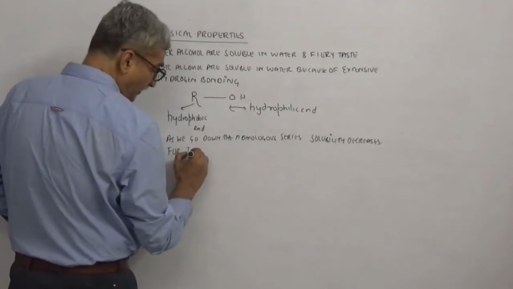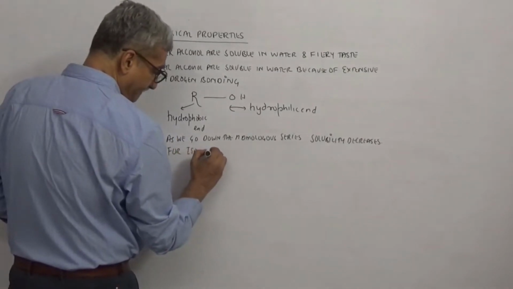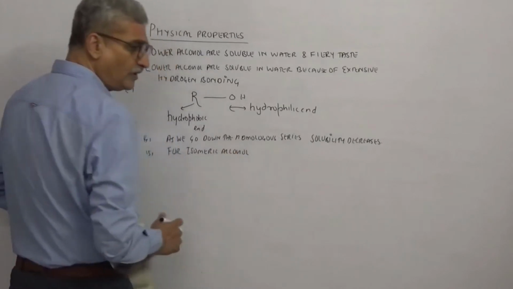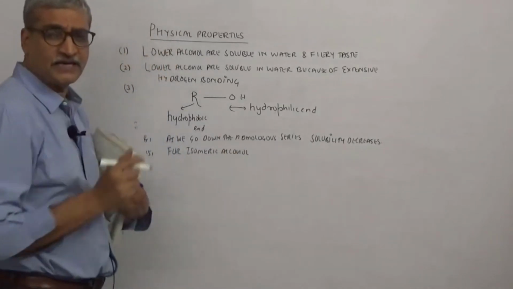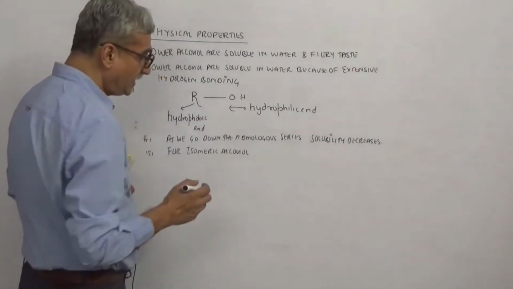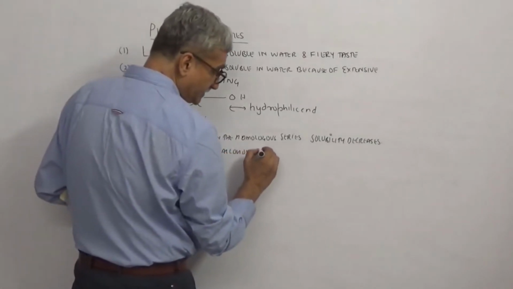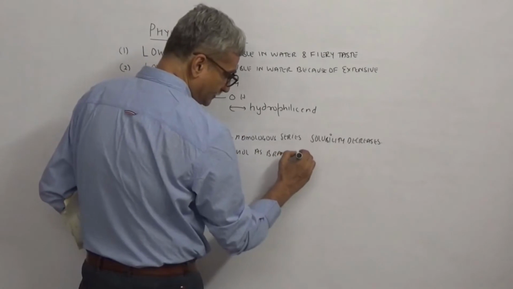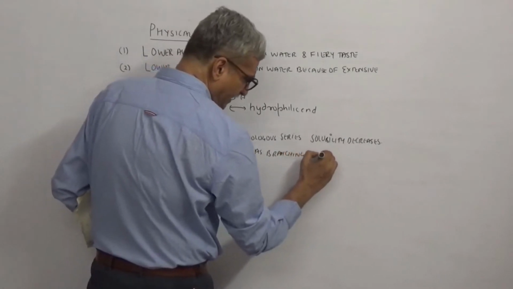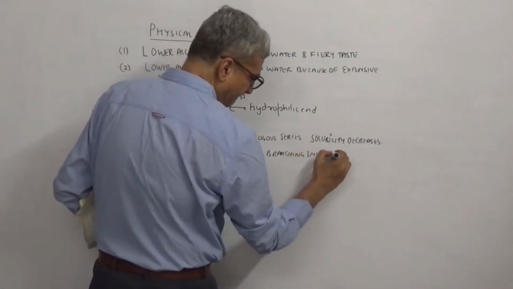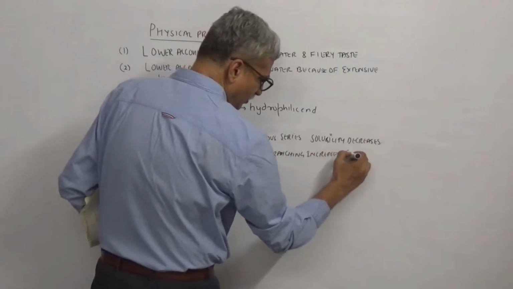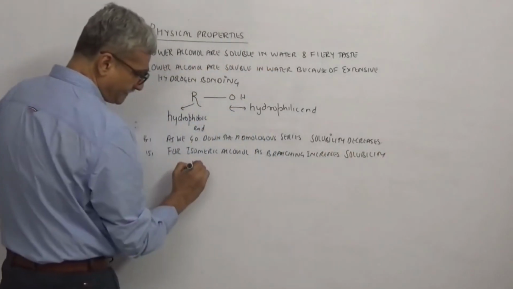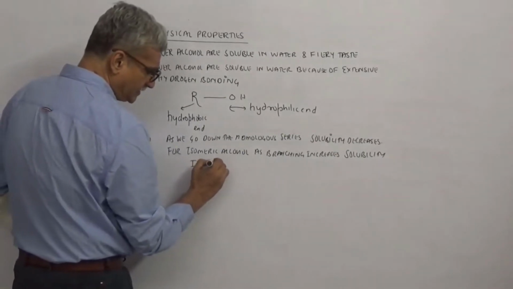For isomeric alcohols, the N-butyl, isobutyl, sec-butyl, tertiary butyl, as branching increases, solubility increases.